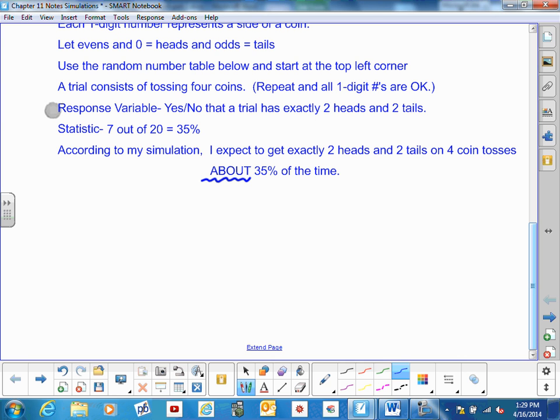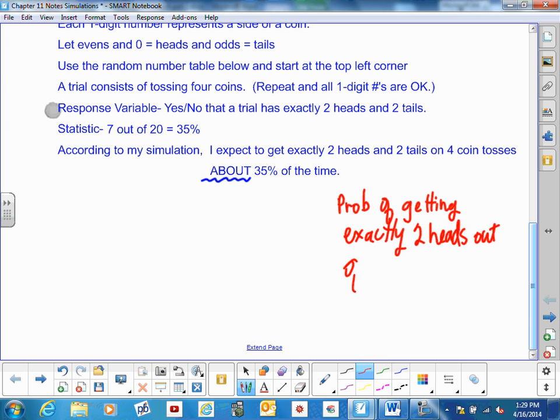Good. Now, while you are writing that, I want to connect this back to something that we did, because we've seen this. We have seen problems that would say this: find the probability of getting exactly 2 heads out of 4 coin tosses.